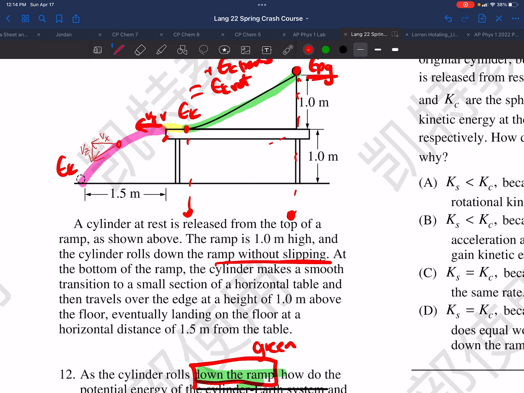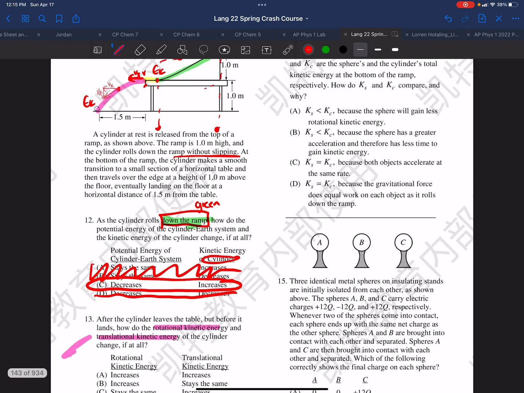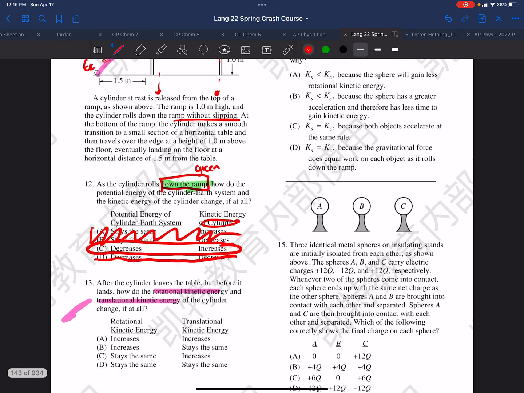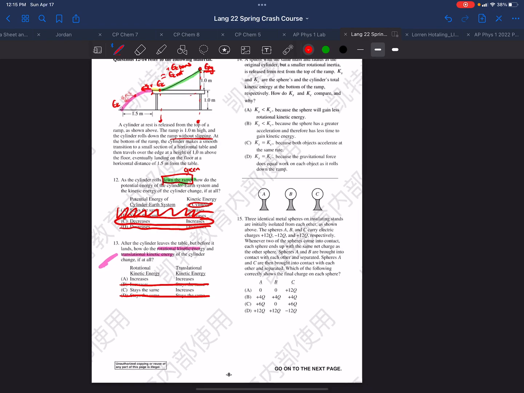So overall, the translational kinetic energy must increase. Vx remains the same and Vz increases, so the translational must increase. By that token, we can eliminate choice B, where it stays the same, and choice D, where it stays the same. The next question is, what happens to the rotational kinetic energy?